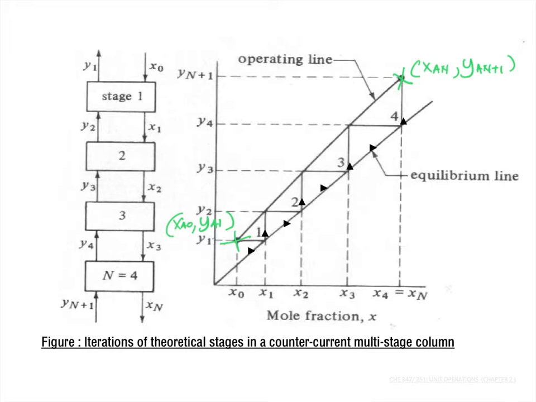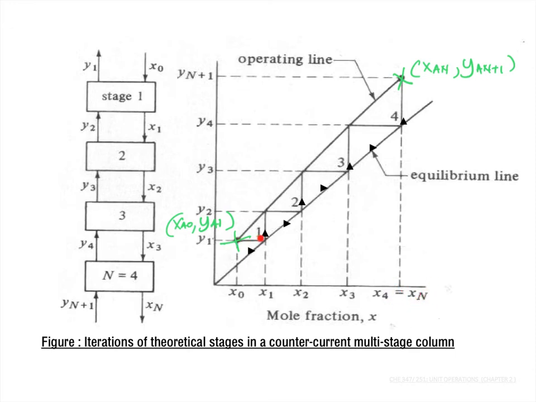So you start to draw graphically to find the number of trays. You start from the bottom point, draw a horizontal line, then vertical, and continue stepping until you meet the end point of XAN.